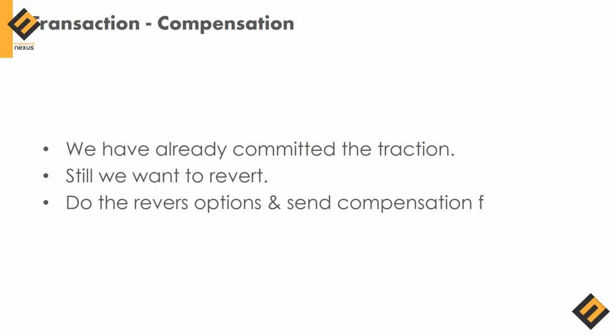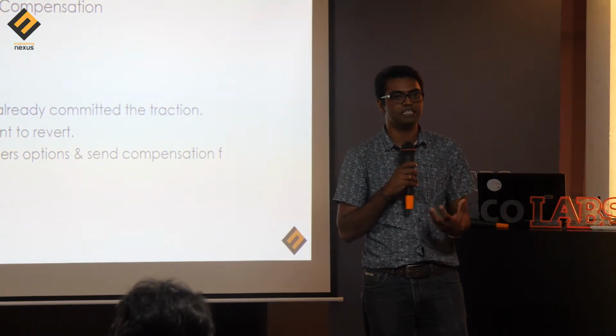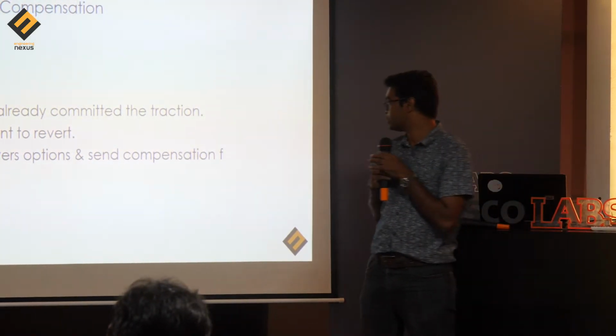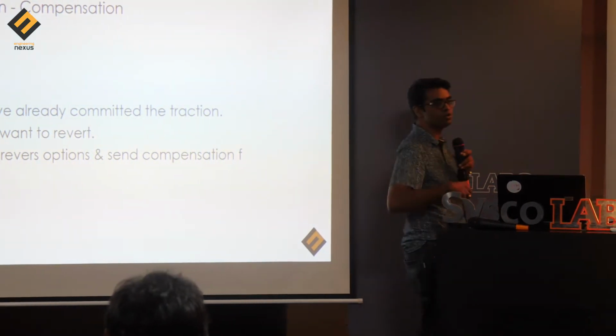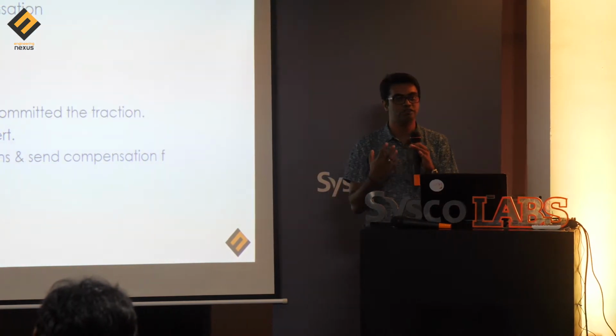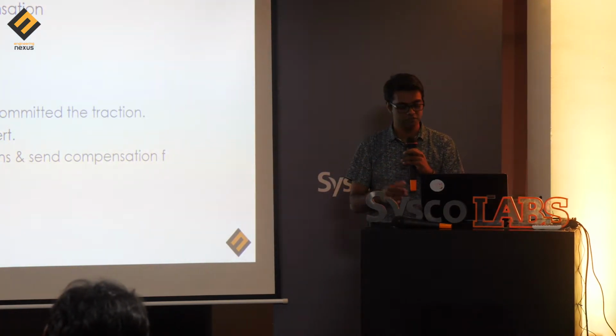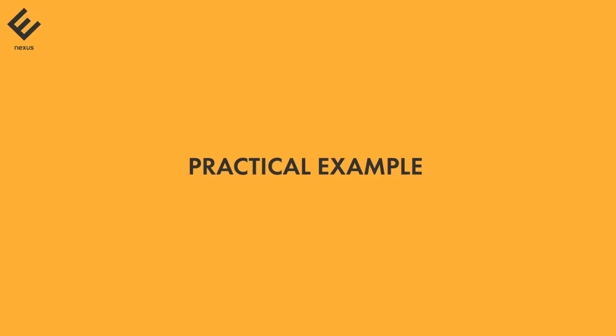You might need to send an apology mail saying this was a faulty message, ignore that. At the implementation level, this is what is called compensation. There is a transaction and compensation mechanism available in distributed systems, so that you can do reverts in a cleaner way.